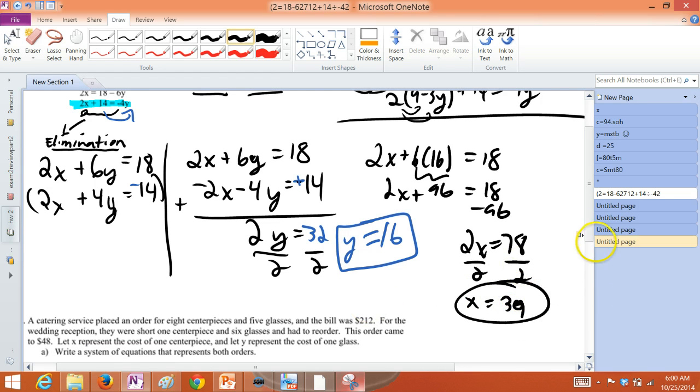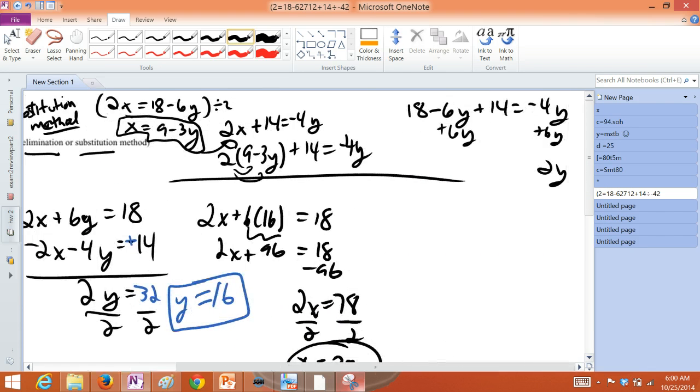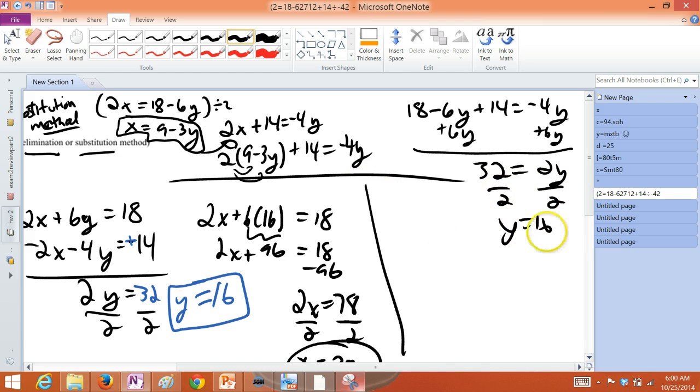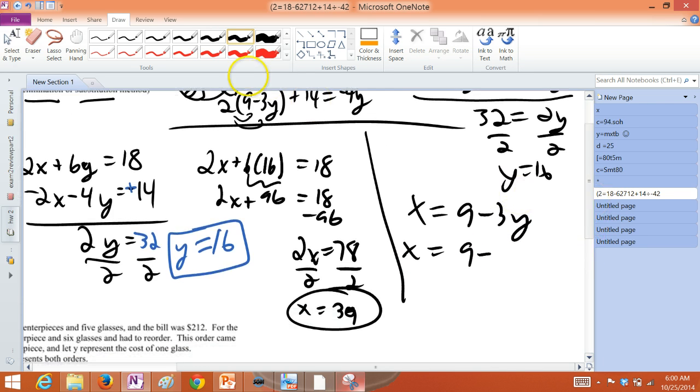So that mistake I made would have been found out here. Going back in the substitution method, I end up with 32 is 2y, or that y is 16. Take that back into the substitution. If x is supposed to equal 9 minus 3y, oh my gosh, another mistake.